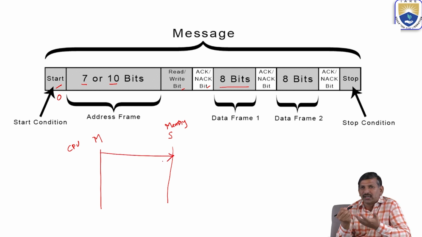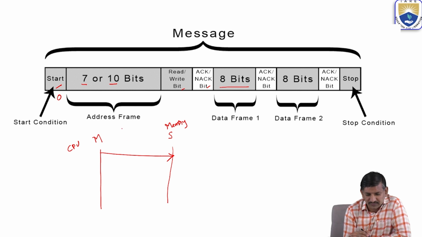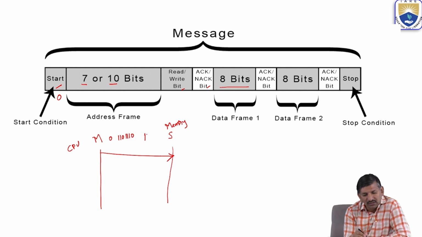First, it sends the 0 bit, indicating the start of the frame. Next, it sends a 7-bit address. Next, it sends the read bit. Actually, read is 1. That information passes from master to slave, indicating a read operation.